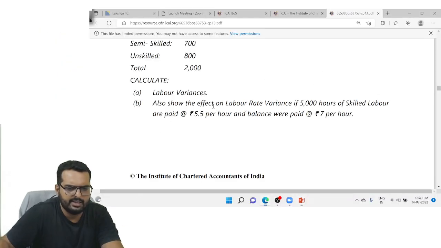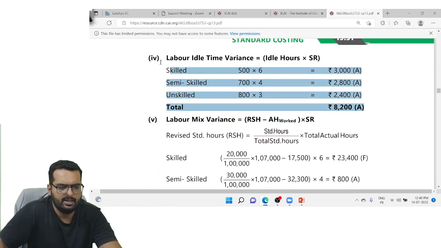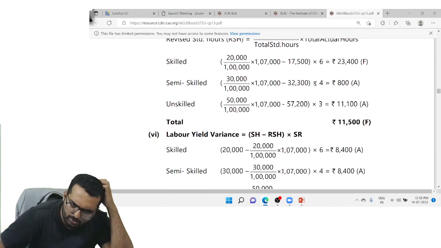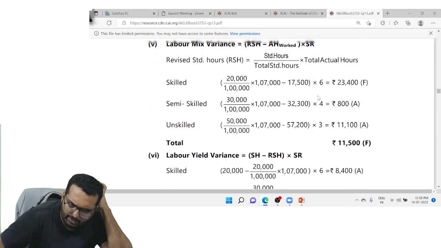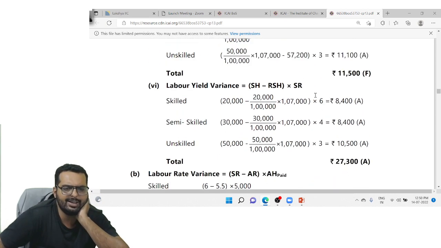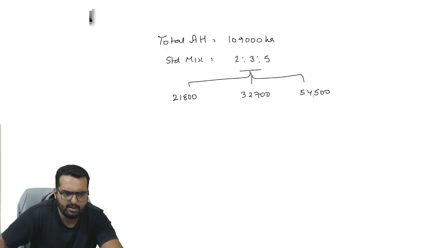Everybody got the answer as 8,200 adverse. Idle hours into standard rate. So once you draw the table, you will be able to put it in two orders. One, you can do it as mix variance and yield variance, or you can give it as idle time variance and revised efficiency variance. So you can have two diagrams.